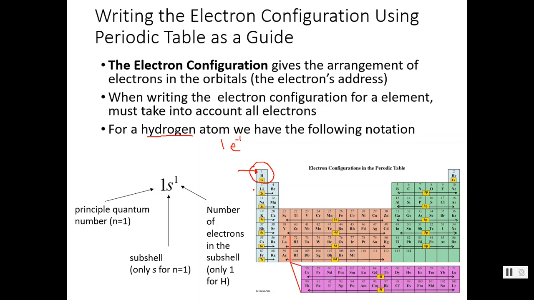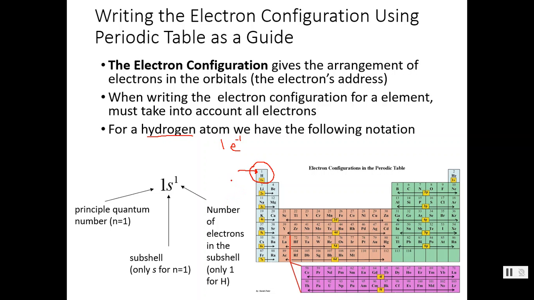Okay. So how do I start writing down orbitals for my electrons? I have to start at the very beginning of the periodic table and just travel across it, making sure I place the correct number of electrons in the orbital that is designated in my little yellow box.